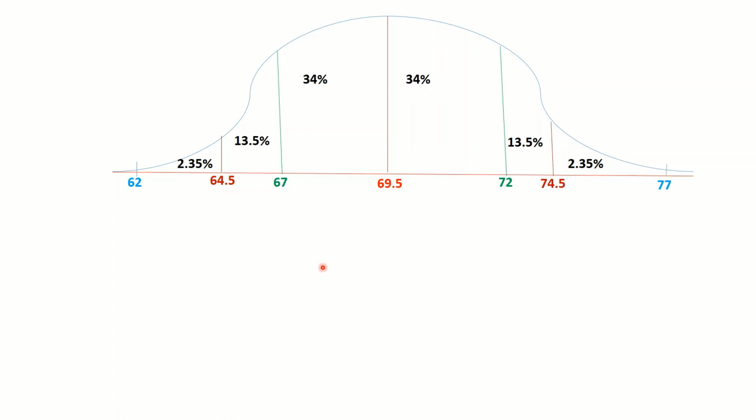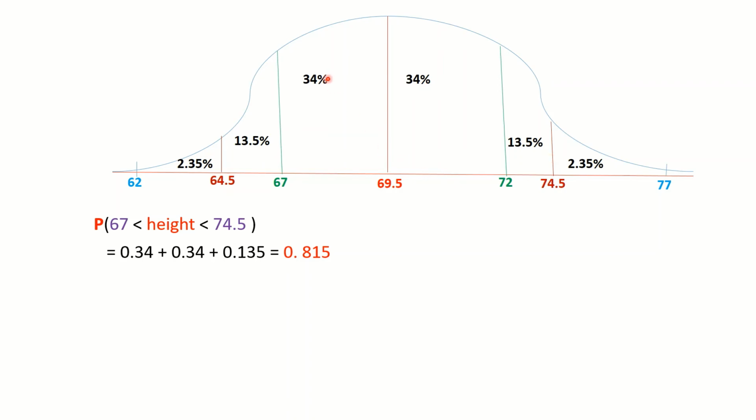Then our question: the probability that the height of an American adult male is between 67 and 74.5 will be the range between 67 and 74.5. That means including this part.